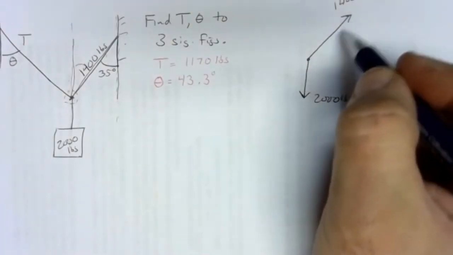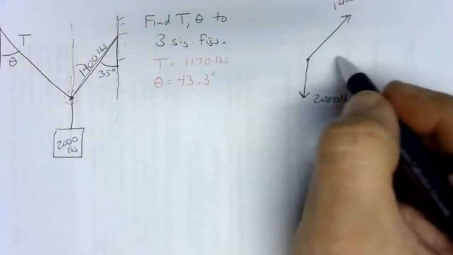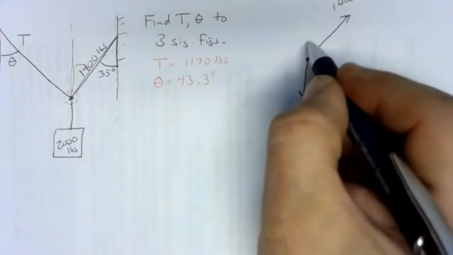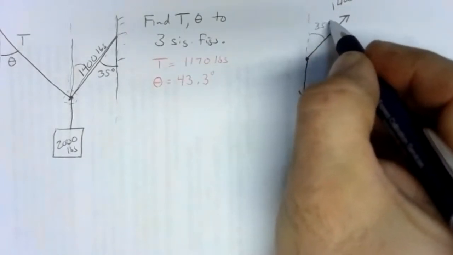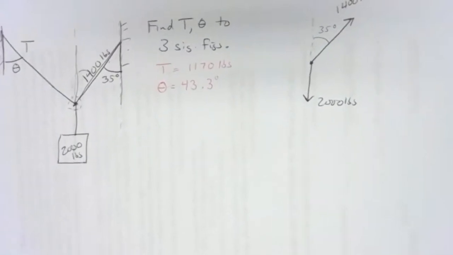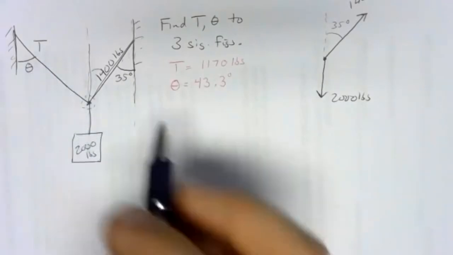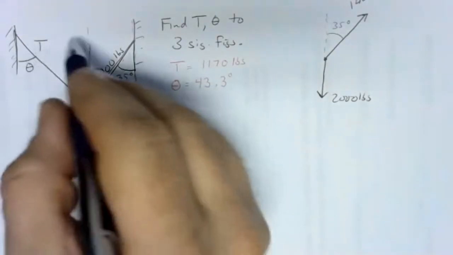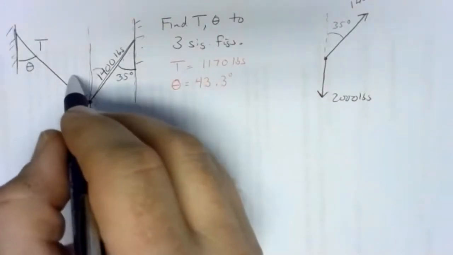So a common error would be to try to write that 35 degrees as an angle down here, but it's an angle to vertical. So we have a 35-degree angle there. On the other side, we don't know exactly what the angle is, but we can still use that same idea of the parallel lines and the line across.